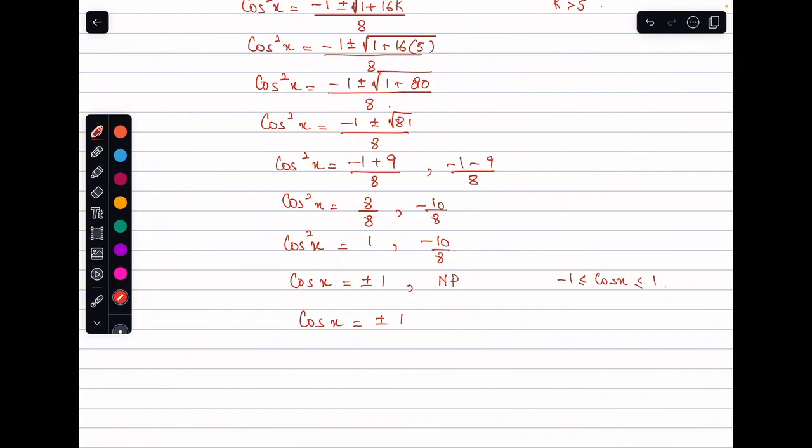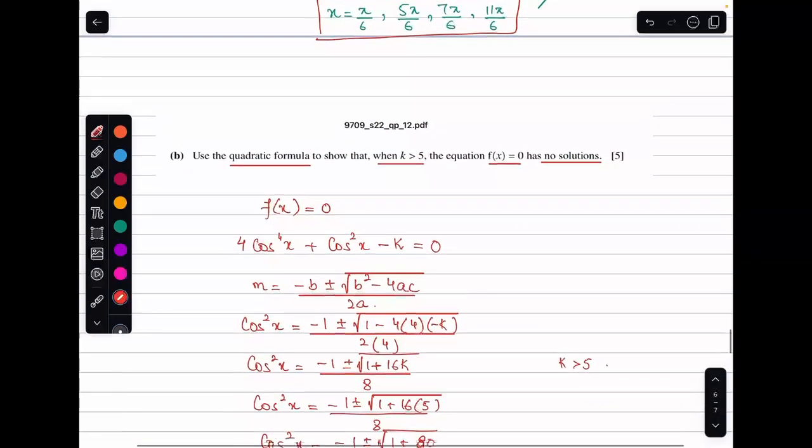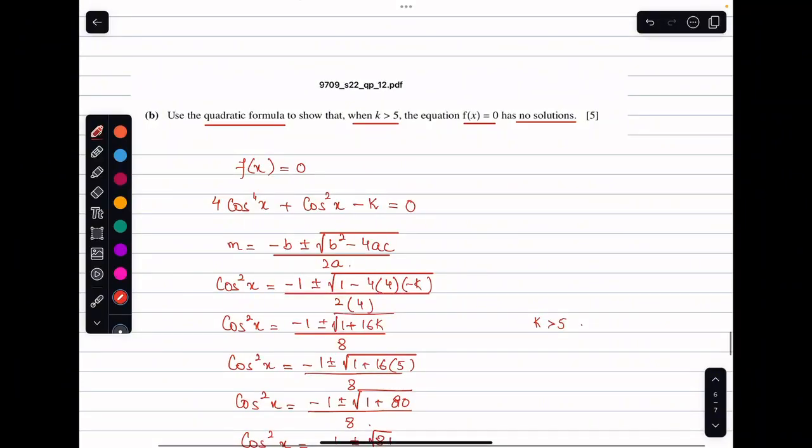So this means if this value becomes greater than 1 or less than negative 1, the cosine values here will not be possible. And this is what the question has asked us, that for k greater than 5, it should be having no solution.